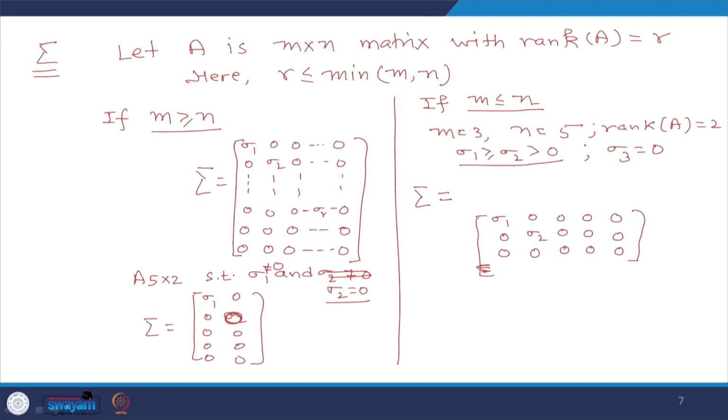This will become my matrix sigma. If sigma 3 is also non-zero, in this case I will have sigma 3 here. So, in that way, by knowing the singular values of A, which come from the eigenvalues of A into A transpose or A transpose A, I can write my matrix sigma.